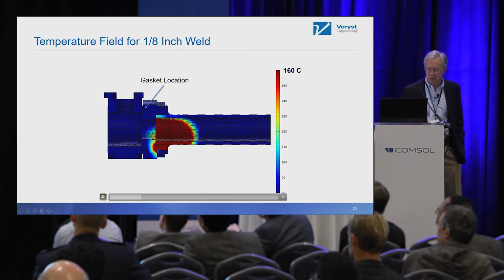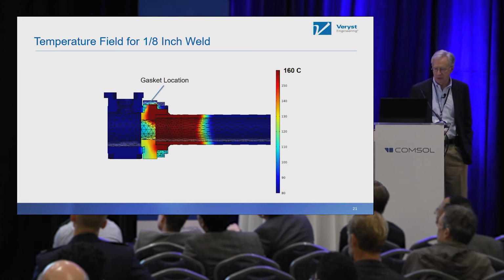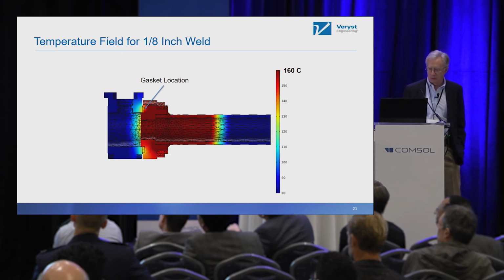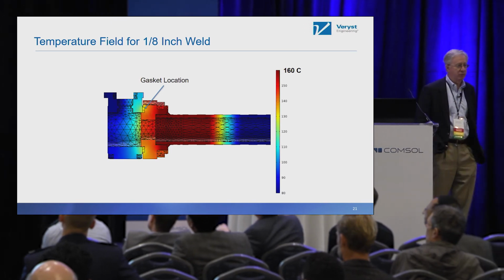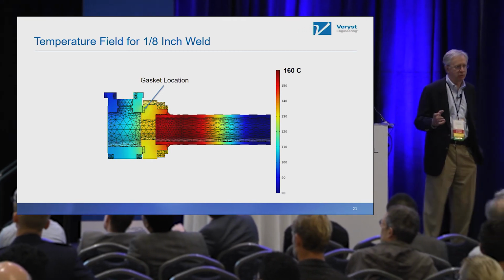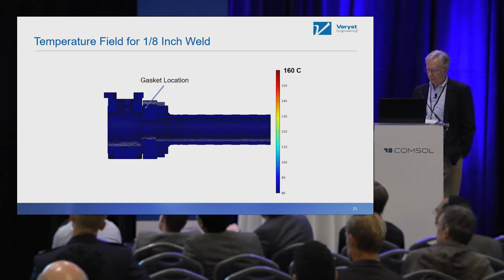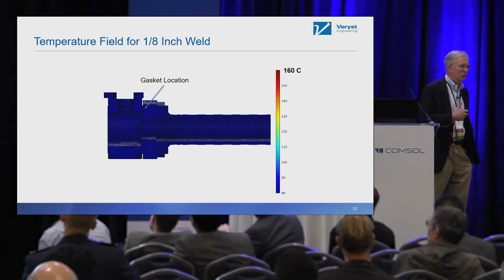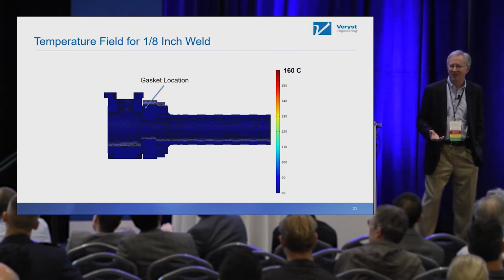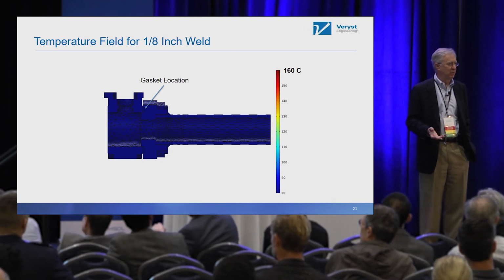And now with a maximum temperature indicated at 160 C, if we go to the gaskets, we never reach that temperature because you can see it heats and then it convectively cools and conducts the heat away. What was so useful with COMSOL is we were able to do this in 2 weeks.